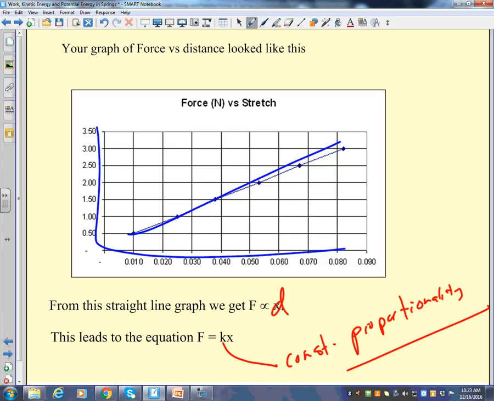Examples include Newton's universal gravitational constant, 6.67 times 10 to the minus 31. Planck's constant that you might have learned about in chemistry. Pi is a constant of proportionality. There's all sorts of solubility constants.